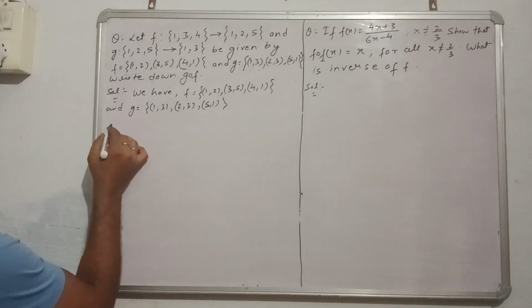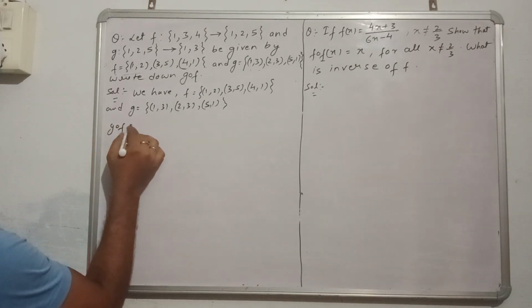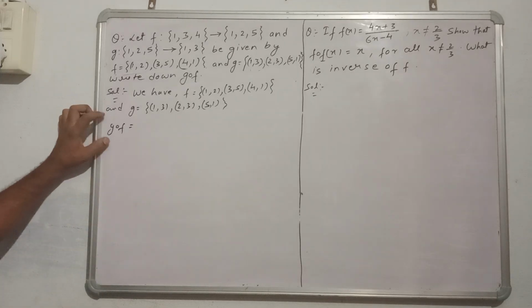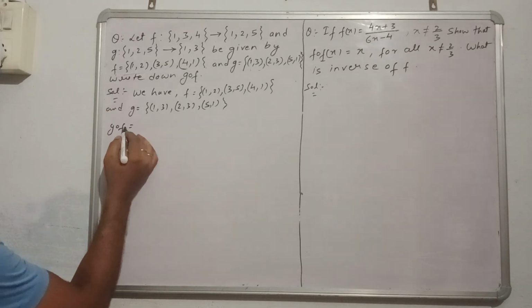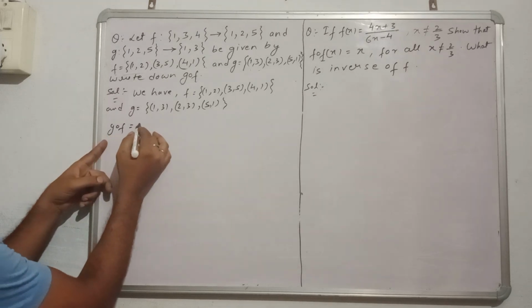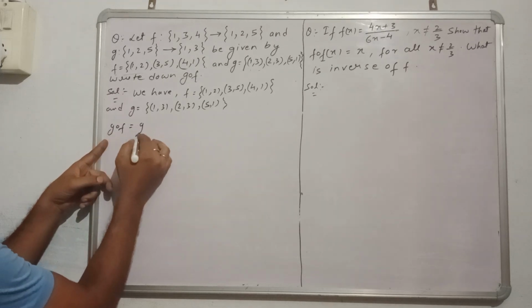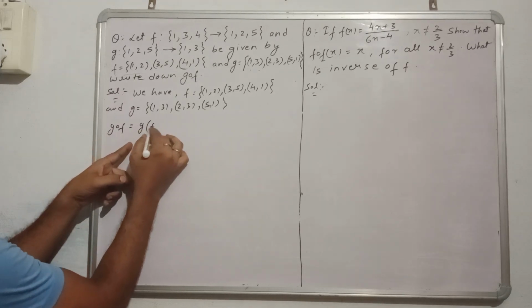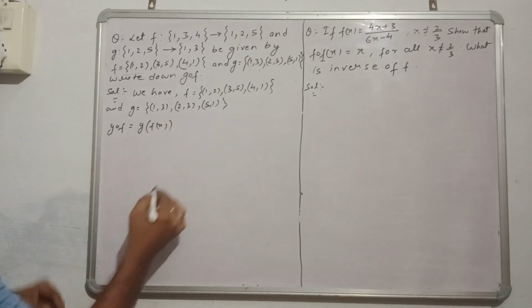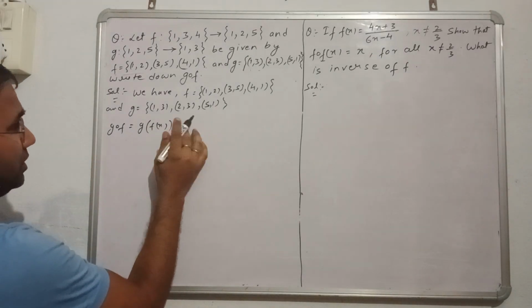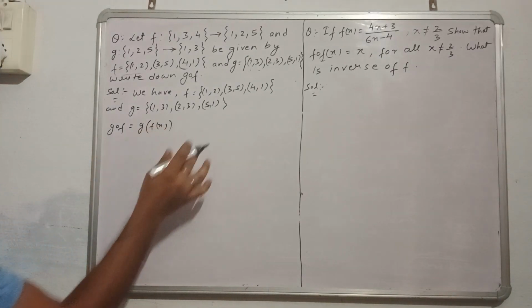Now you have to write down gof. Gof means function g of function f, so gof means g of f(x). Now see here.